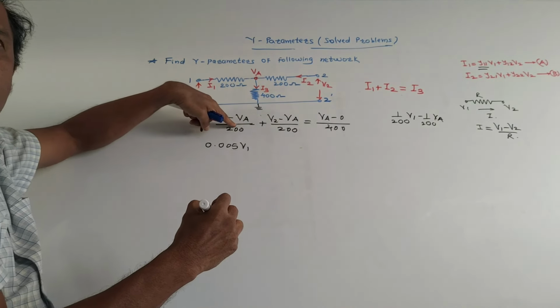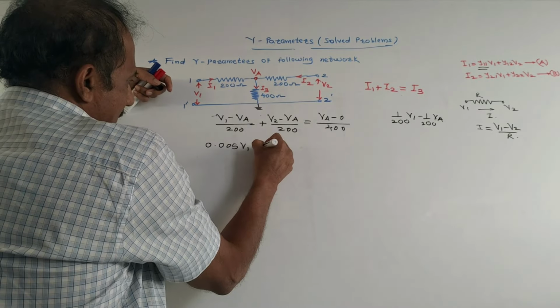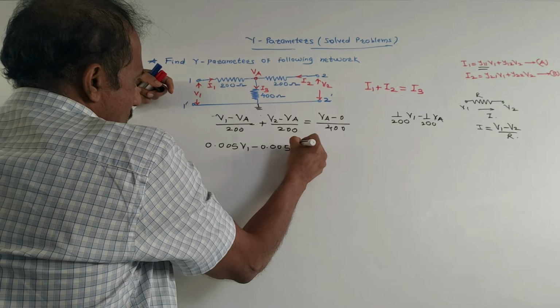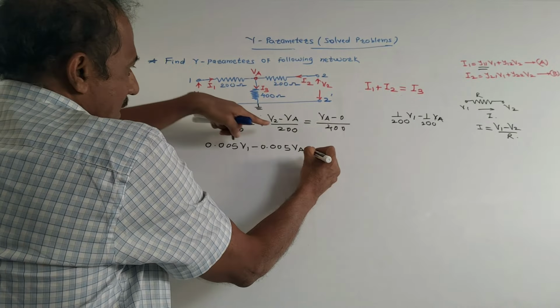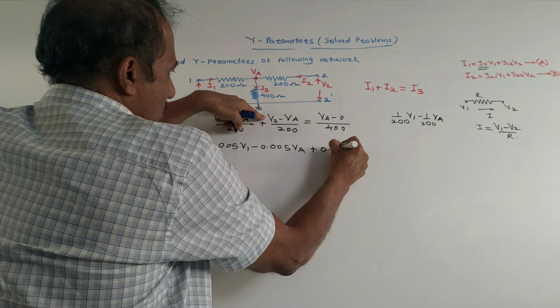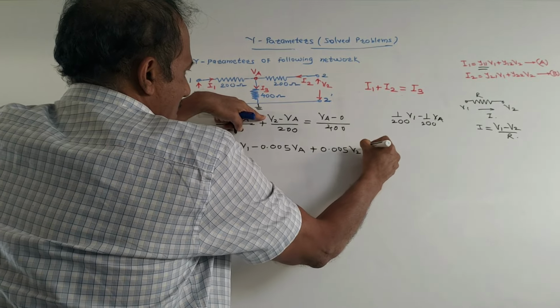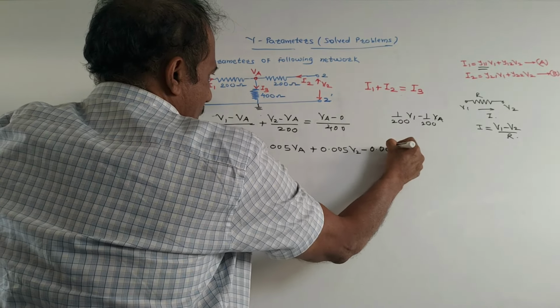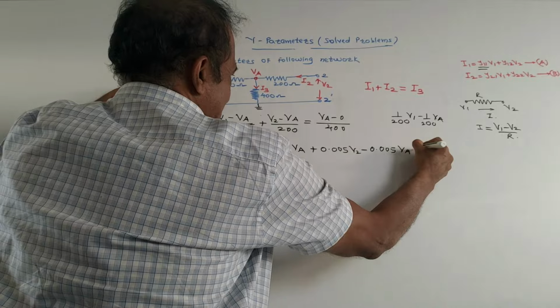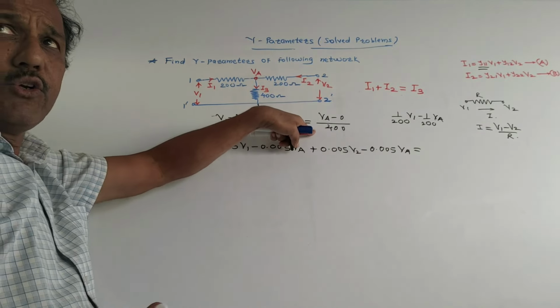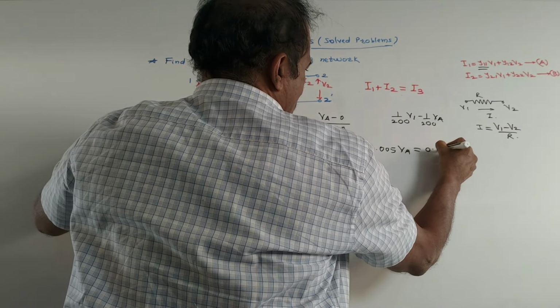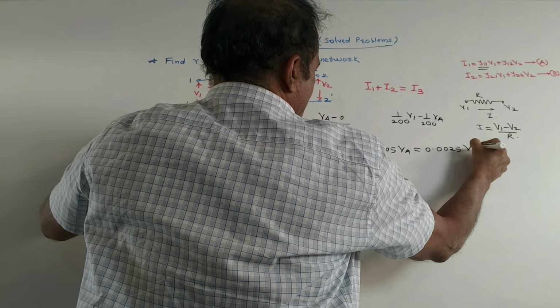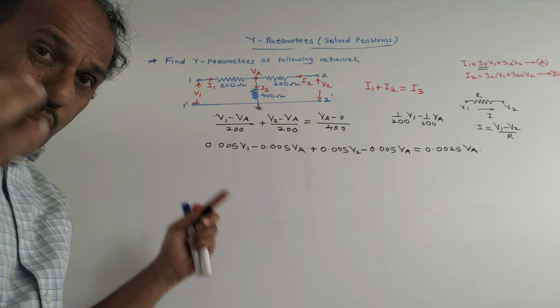Then minus 1 by 200 into VA, again minus 0.005 VA, plus 1 by 200 into V2, 0.005 V2, minus 1 by 200 into VA, minus 0.005 VA, is equal to 1 by 400 into VA, that is 0.0025 into VA.